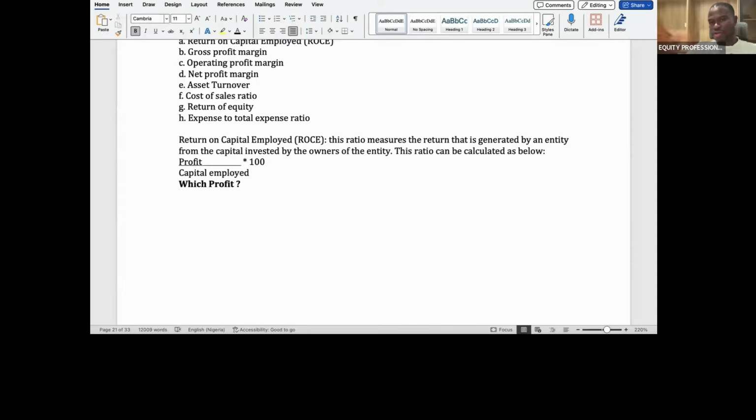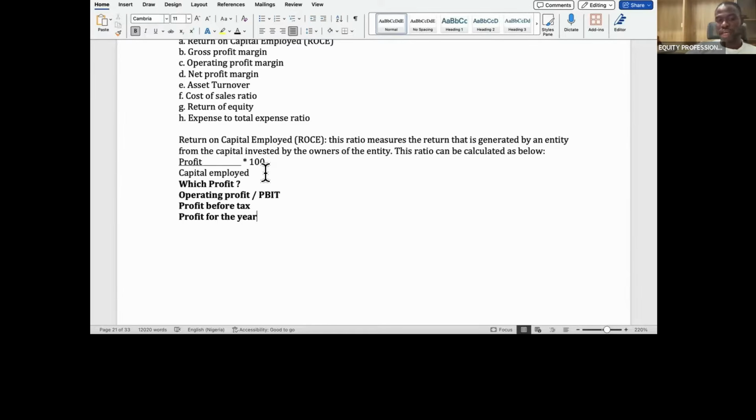Let's ignore gross profit because gross profit hasn't considered all the major expenses. So we'll start from profit from operations, which we'll also call operating profit, sometimes called PBIT. We can also have profit before tax, your PBT, and you can also have profit for the year, which is also called your profit after tax.